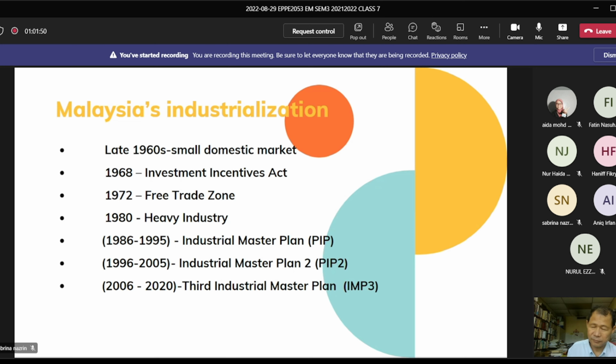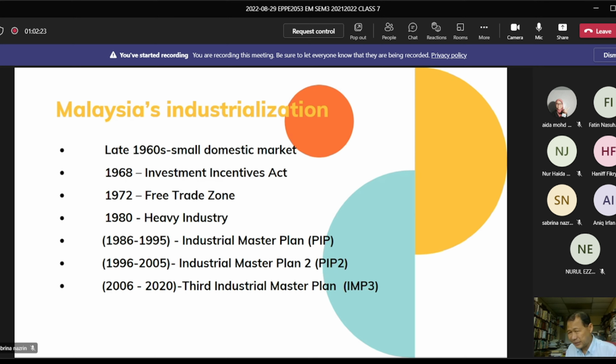The 58 ordinance was before Malaysia. Malaysia was formed in 1963. Before 1963, no Malaysia. It was Malaya. In 63 Malaysia was formed. So after that, any laws will be named with the word act.